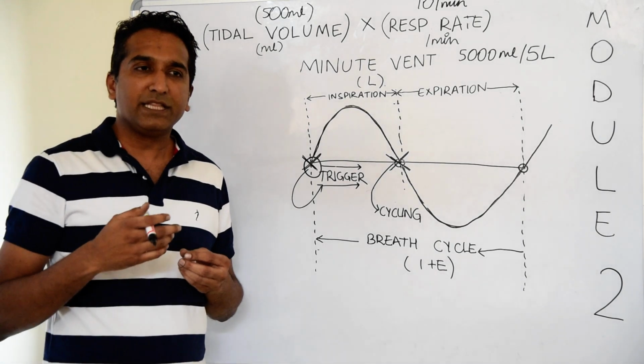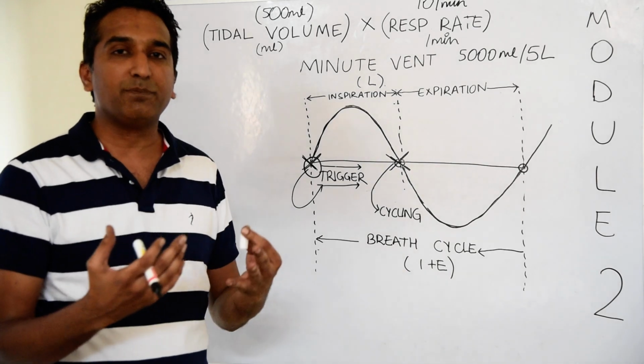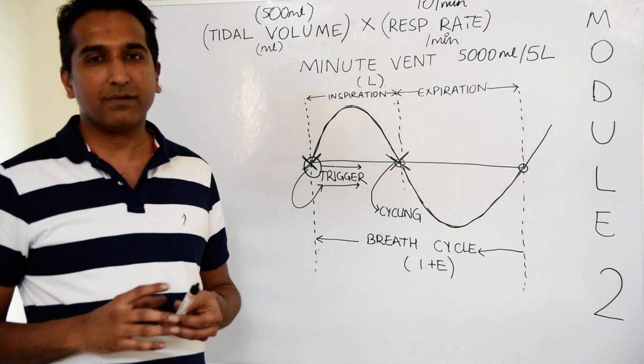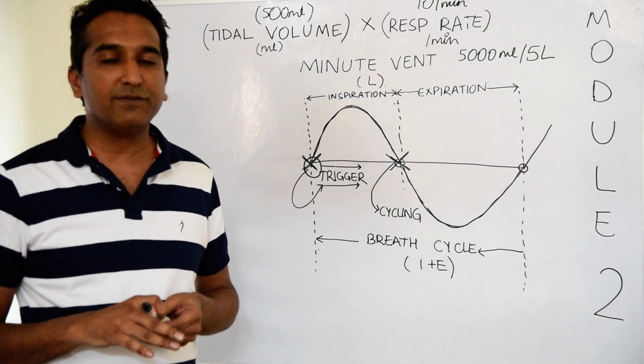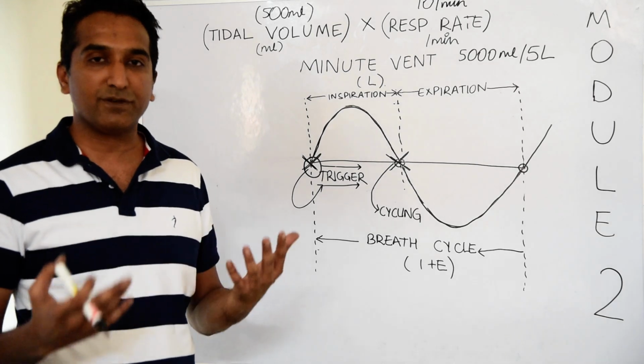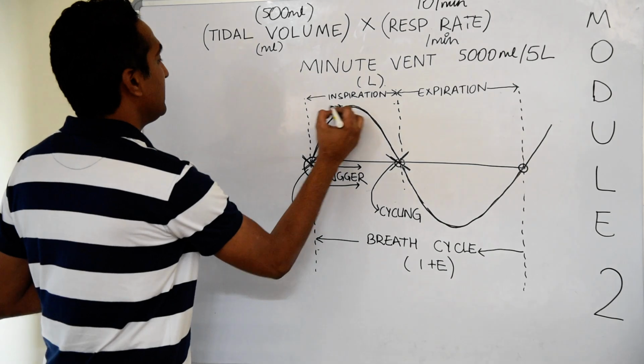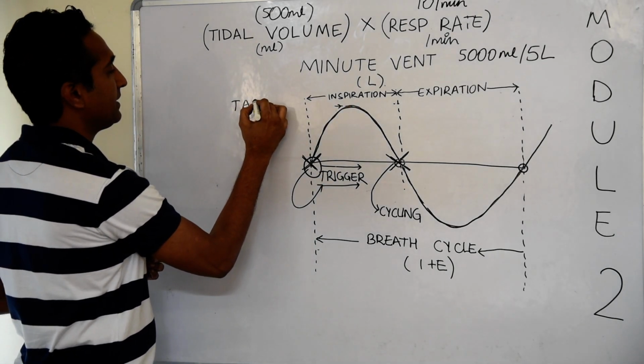And we know that with every breath we want to deliver the patient something. In all modern ventilators, this would mean the amount of volume we want to deliver with each breath, or the amount of pressure that we want to deliver with each breath, and that is known as the target of a breath.